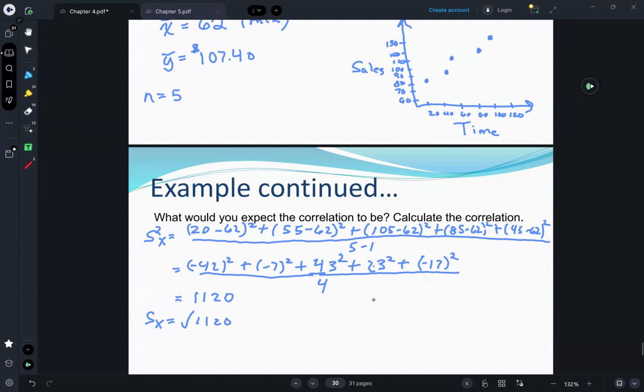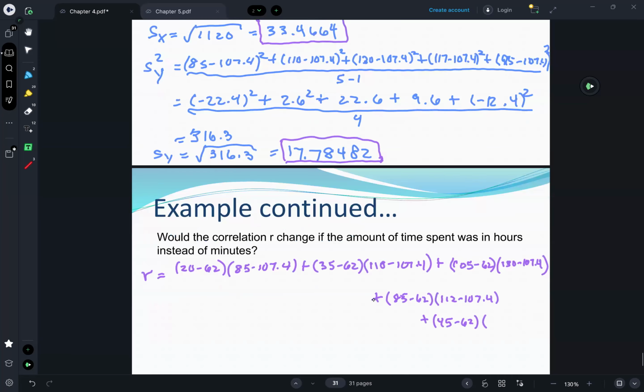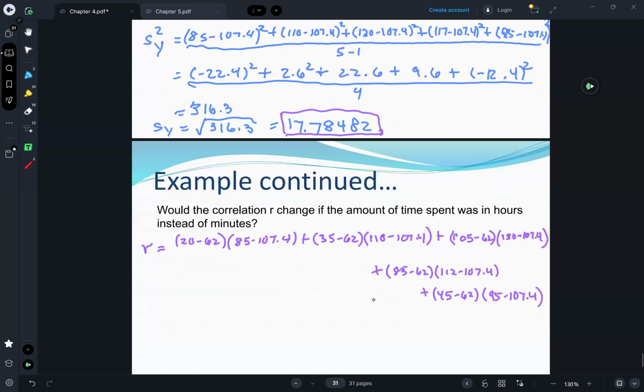Multiplied by the next one will be 130. 107.4. I'm running out of space, so I'm just going to keep going here underneath. That's going to be 85. Multiplied by 112. And finally, we're going to have the last pair, which will be 45. Subtract 62, multiplied by 95. Subtract 107.4.